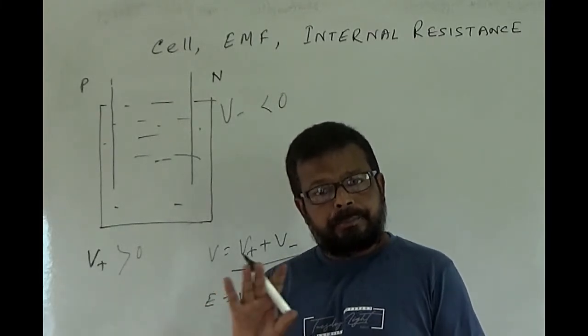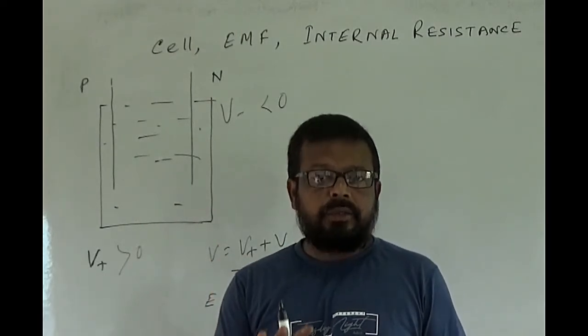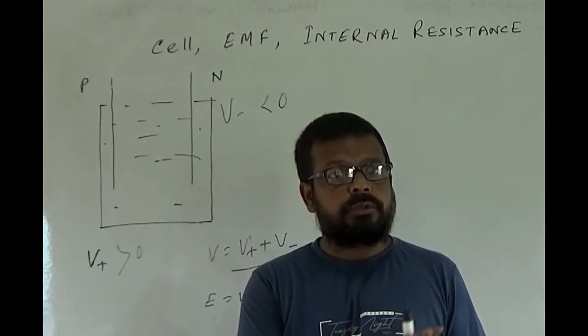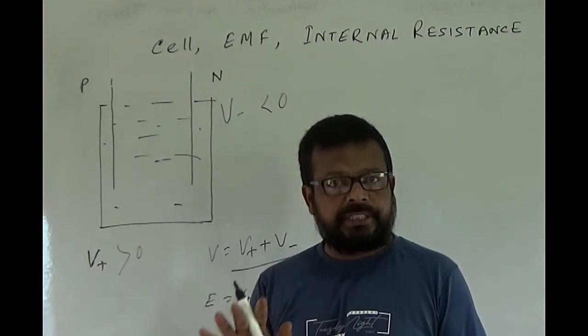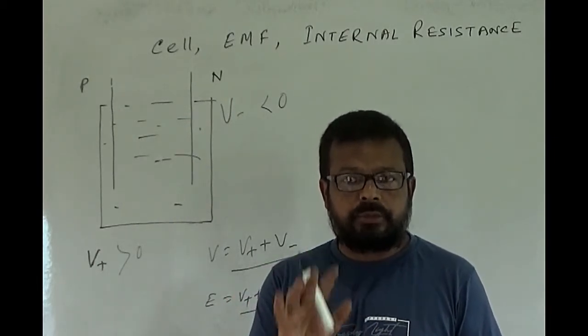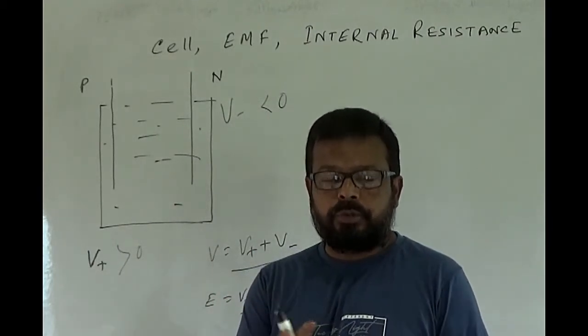It is the potential difference between the two electrodes of a cell when no current flows through the cell, that is, when the cell is in open circuit.